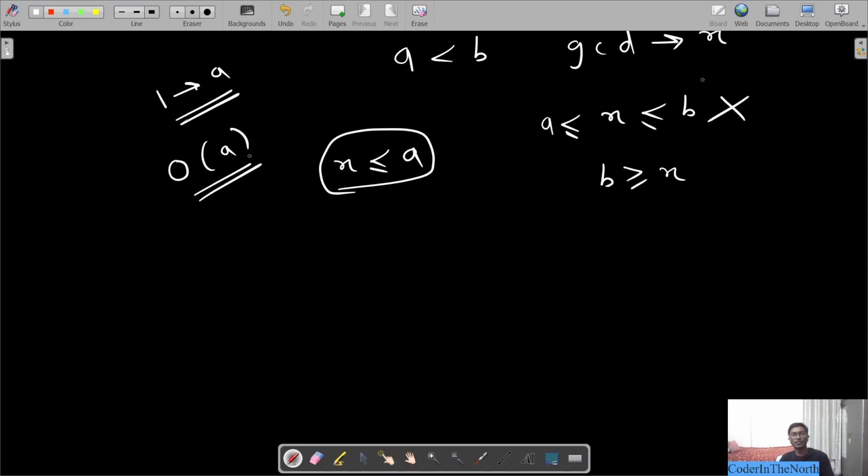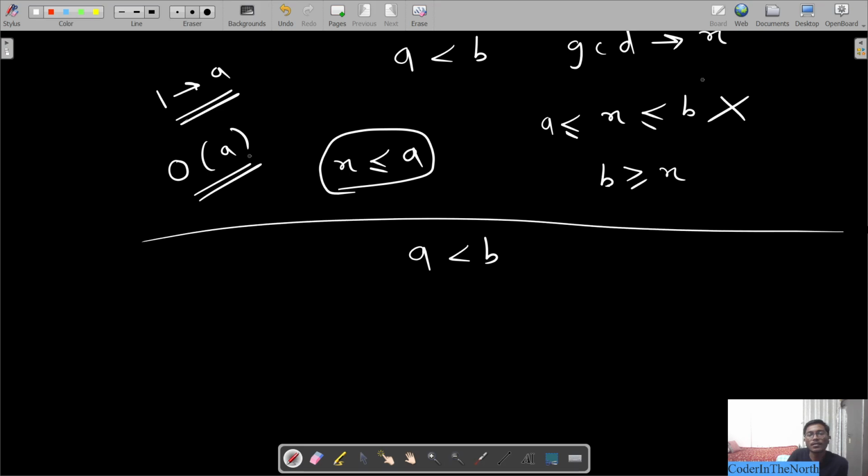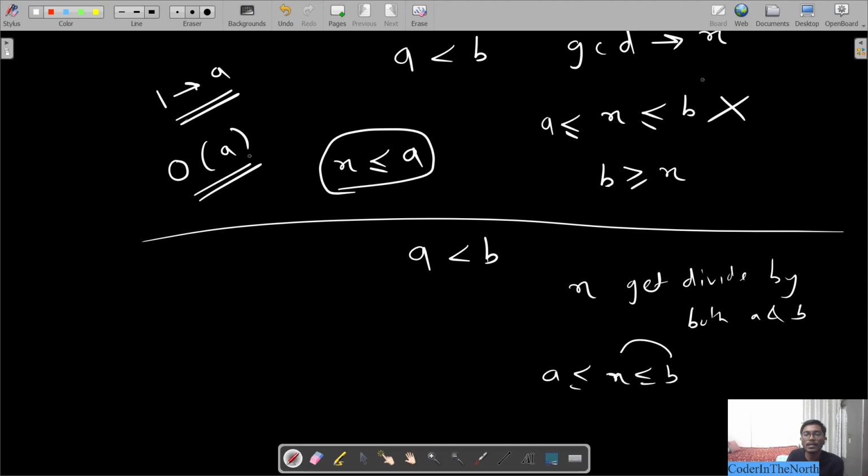We'll consider it like this. Now let's take the case of LCM. LCM is the lowest common multiple, a number X which will get divided by both A and B. Here again X will not lie between A and B, because if it's between A and B, B will never divide it.